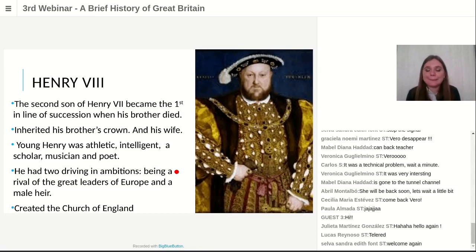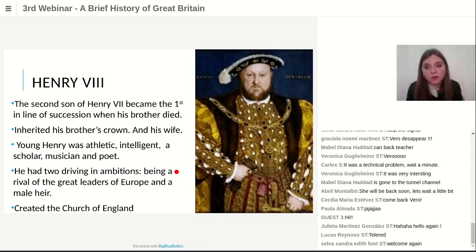But so what happened? Well, that's not what he's famous for. But anyway, he was a great king for many years. But he has two big, really driving ambitions. Those were being a rival of the great leaders of Europe, like the Holy Roman Emperor, the King of France, the King of Spain. He wanted to be just as powerful as they were.